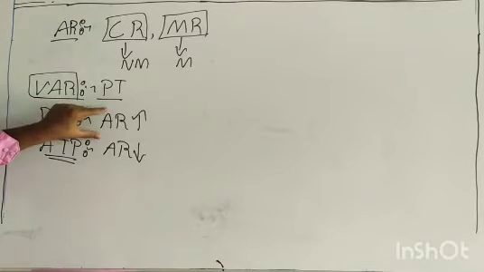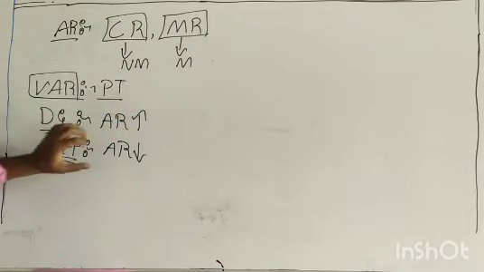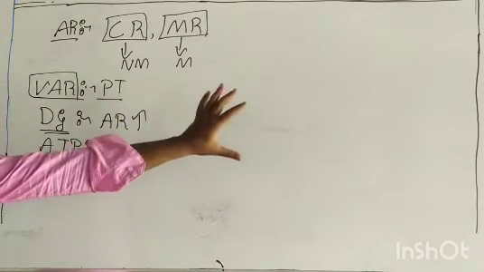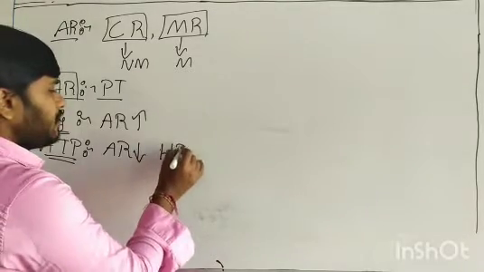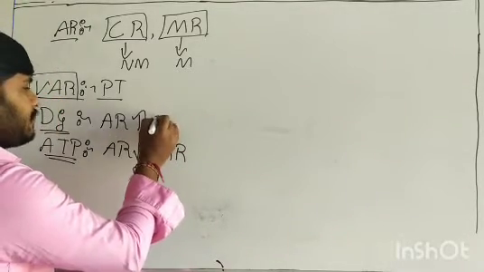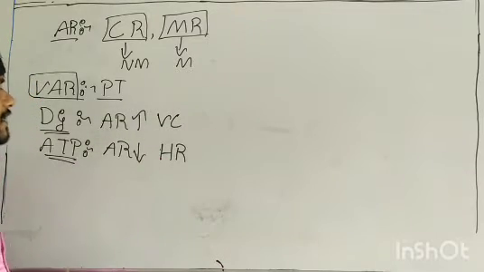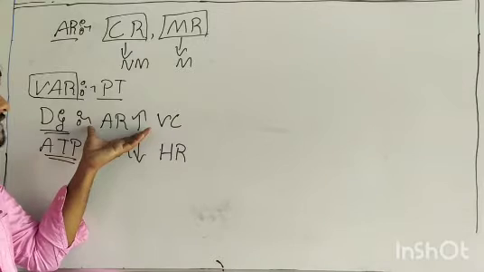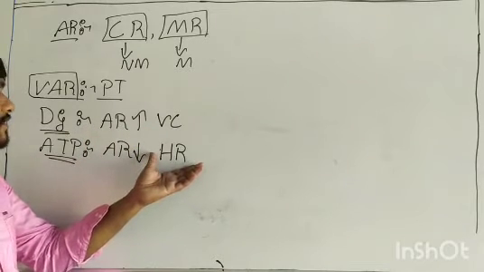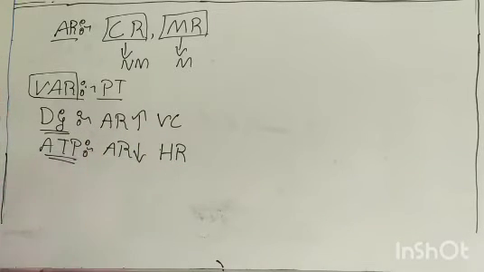Down the group means along the vertical column, atomic radius increases. Along the horizontal rows, which is the period, atomic radius decreases.